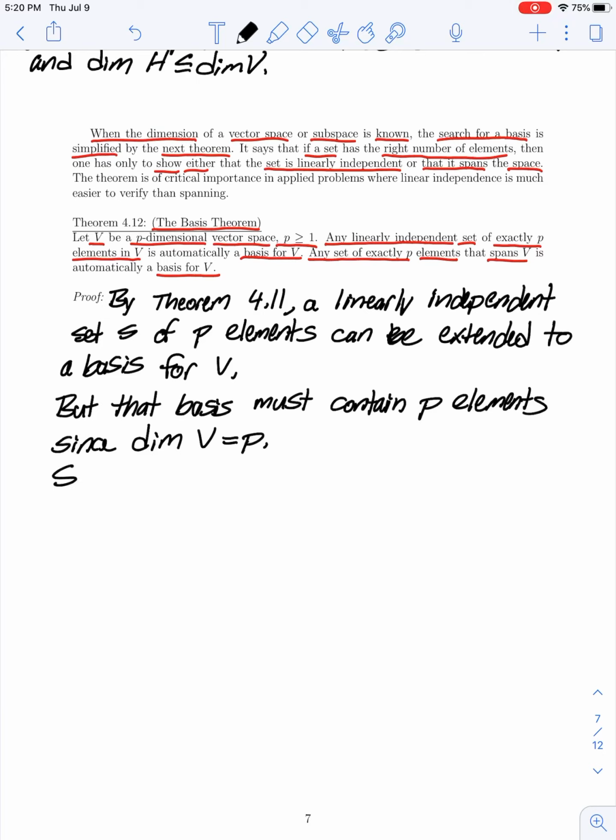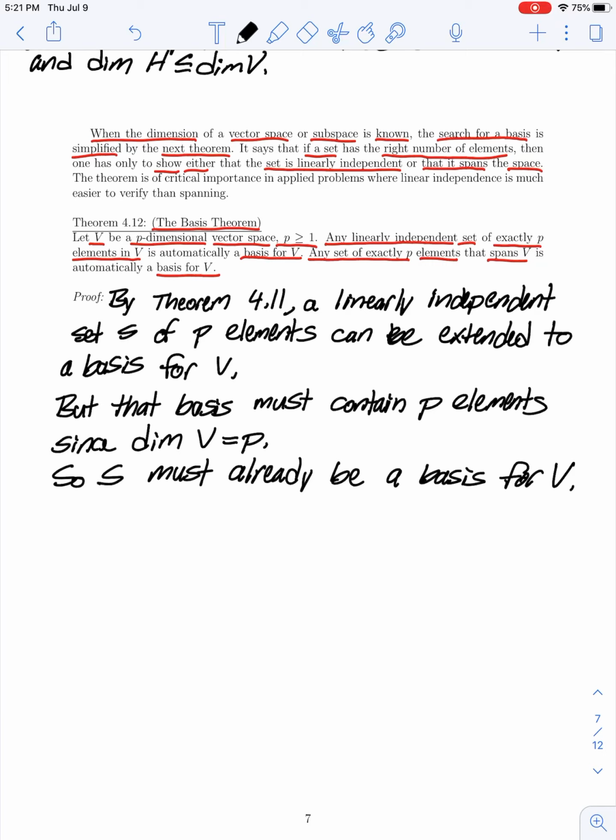So this set S must already be a basis for V, because we cannot expand it any further, since the dimension of our vector space is p, and the dimension of some subspace must not be any larger, and this set S already contains p elements.